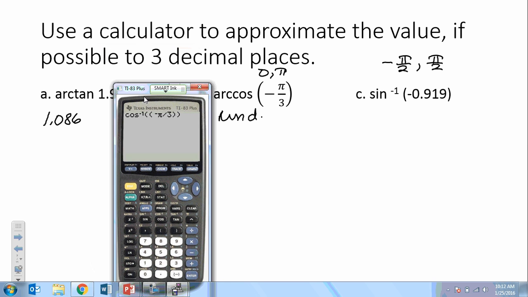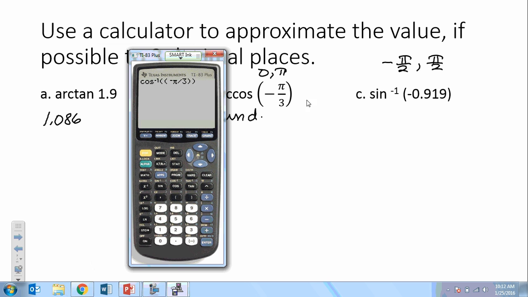and plug this in. And we get negative 1.165 radians.